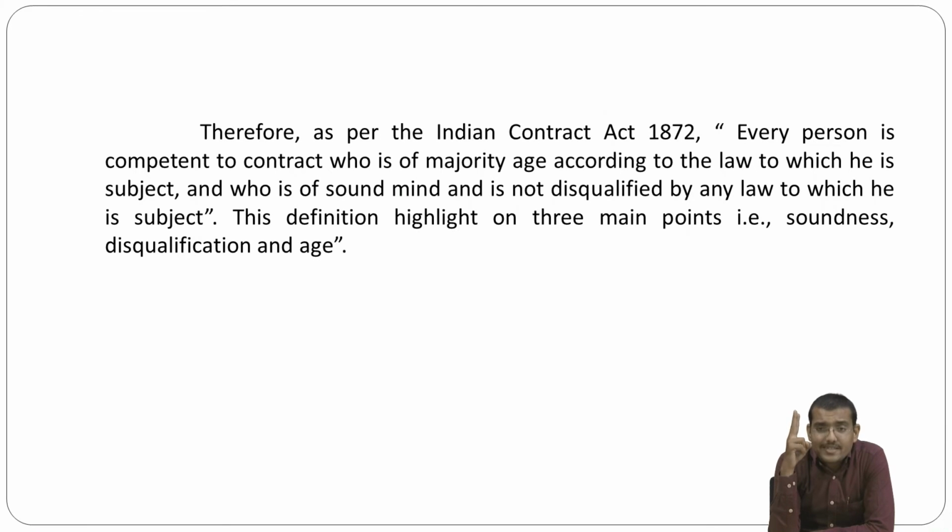Then your age is important, that is your major age. Then disqualification is important in nature, that the law cannot disqualify you, or you are not disqualified by any law in any circumstances. So these three are the important elements to perform a contract.